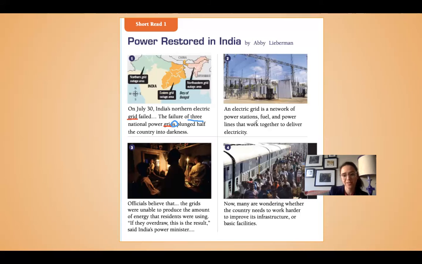Stations has an S. Grids again. Residents.